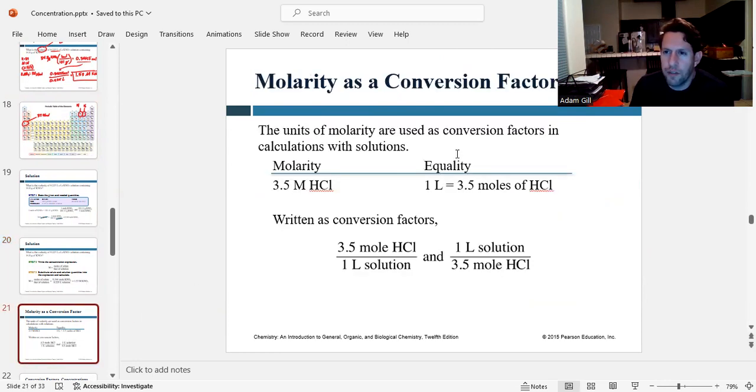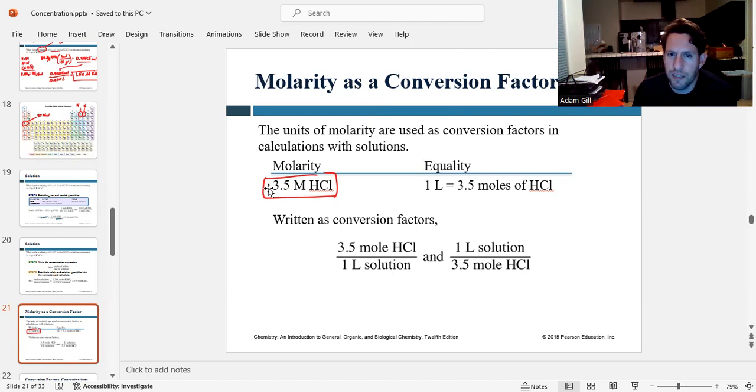So whenever you're given a molarity, it's going to be expressed like this. They're going to give you some number and then a capital M. Now remember that capital M stands for molarity, which is moles per liter. And so you can think of this as 3.5 moles of HCl for every 1 liter of solution, or 1 liter of solution for every 3.5 moles.